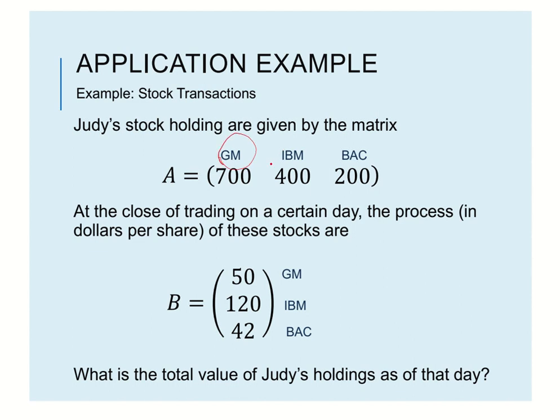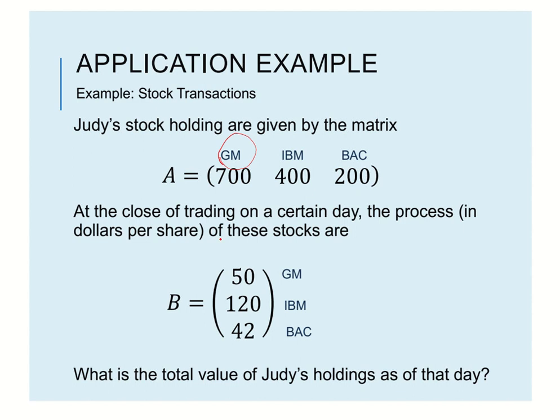GM is a company, it should be General Motors, a car manufacturer. Also Judy has 400 units of IBM, a computer company, and she also has 200 units of BSC.